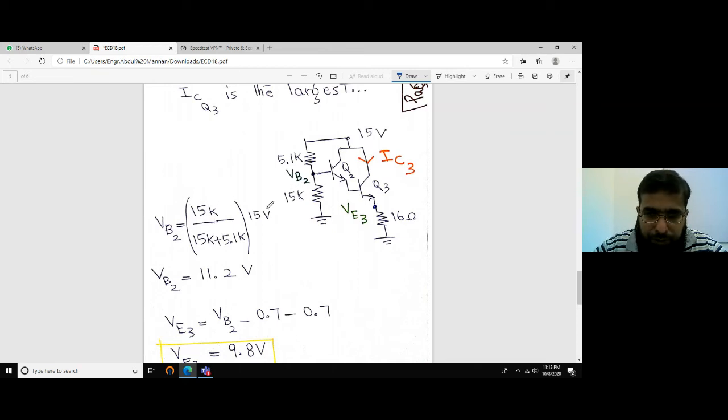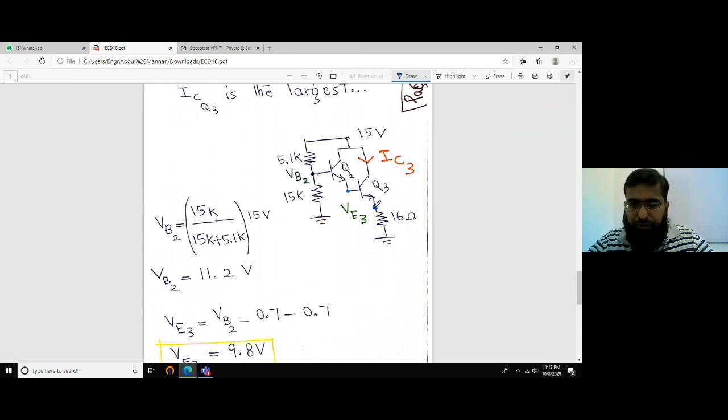VB2, for this Darlington pair, is given by the voltage divider. By applying the voltage divider theorem, we can find the approximate value of VB2: 15 over 15 plus 5.1, times 15. So VB2 comes out to be 11.2, and the voltage here would be 0.7 smaller than VB2, that is VB2 minus 0.7, and the voltage here would be a further 0.7 lesser.